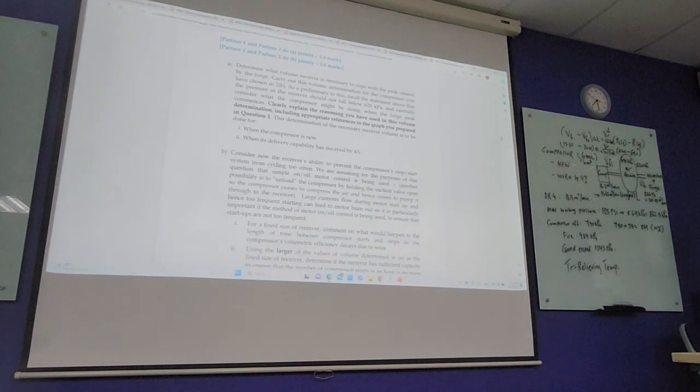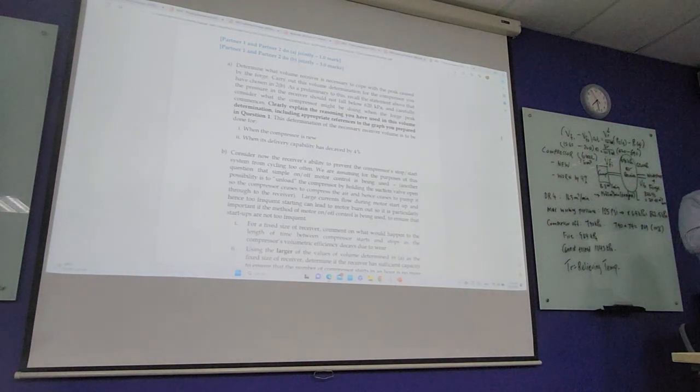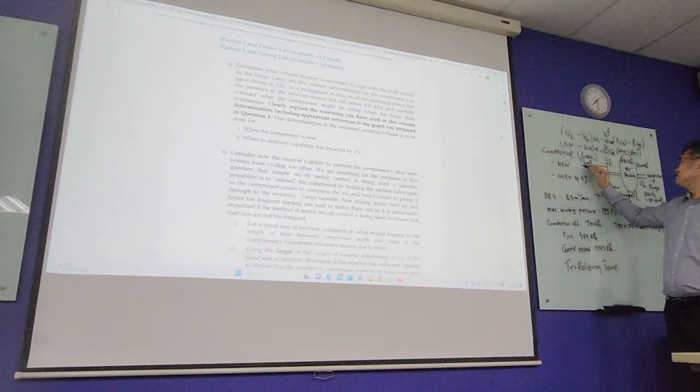But what I want is it cannot deviate from this figure too much. You cannot tell me it's 2 meter cube or 2,000 liter, that is definitely off. Or 10,000, also definitely off. 6.439? Or 6.139, acceptable.